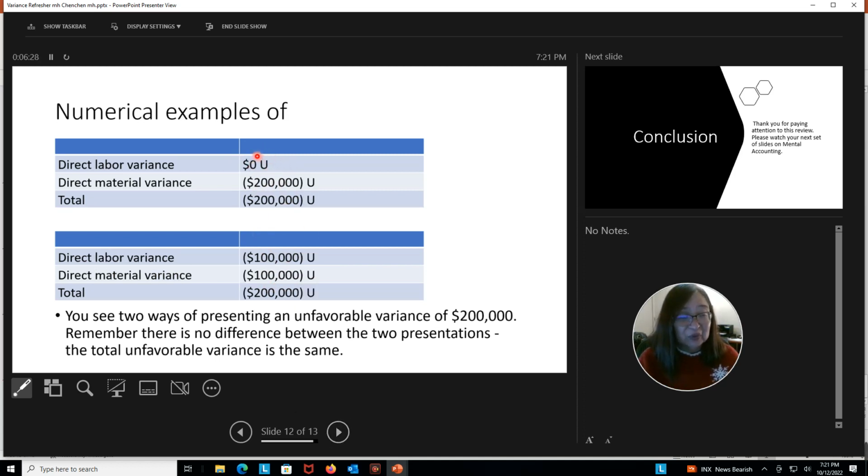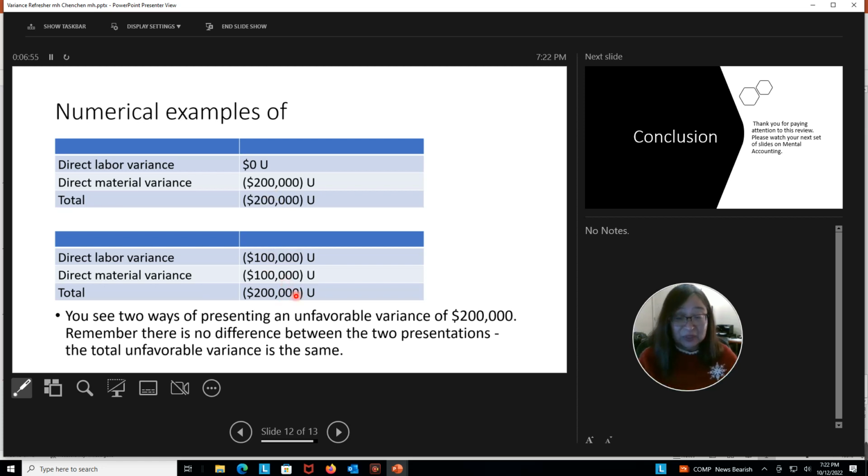You have 0 unfavorable variance. You have 200,000 here, 200,000 unfavorable variance, but here it's broken down in smaller pieces. So again, we don't know exactly which is real, but accountants might manipulate these numbers so that you will not notice certain things.